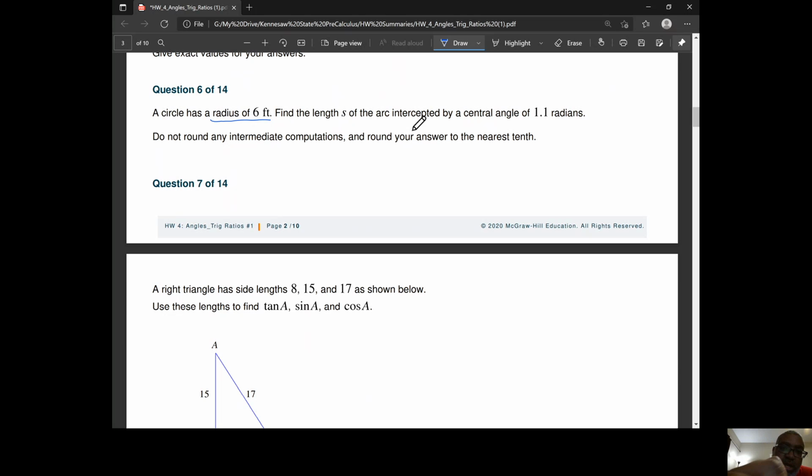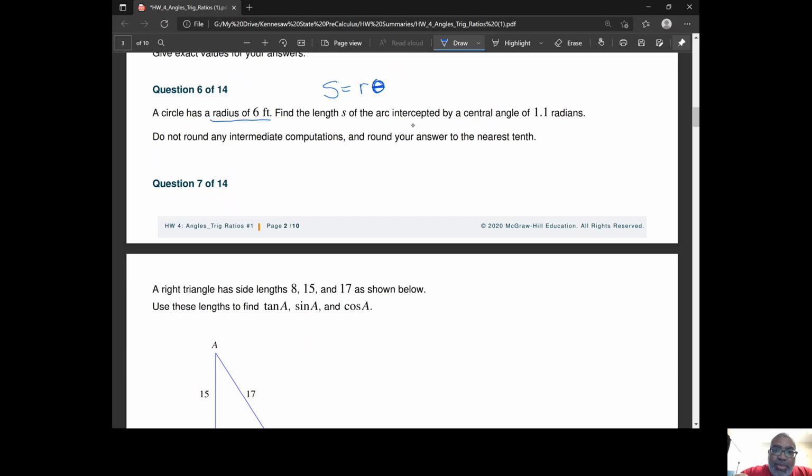So arc length S is equal to R times theta. If I recall correctly, theta has to be in radians. I'm pretty sure. Okay, I'm not sure, but we're going to do it in radians and see how it works out.